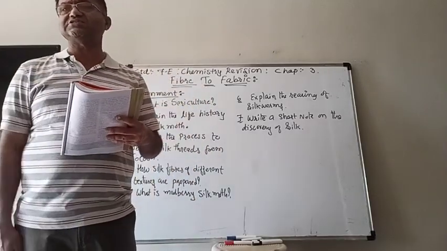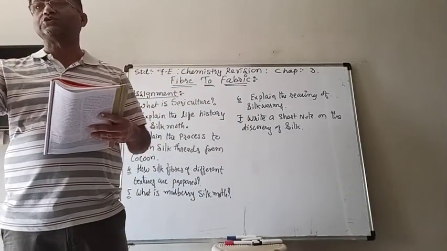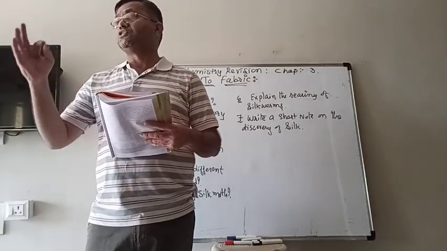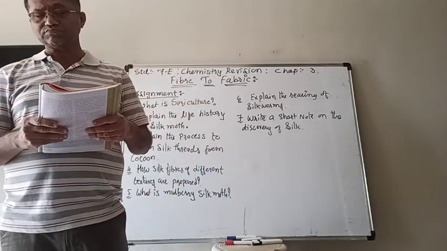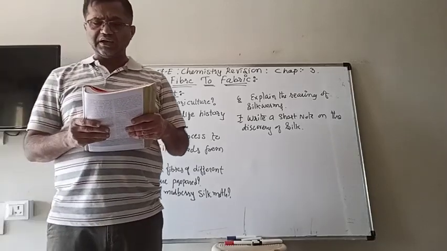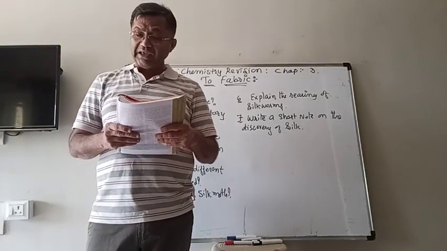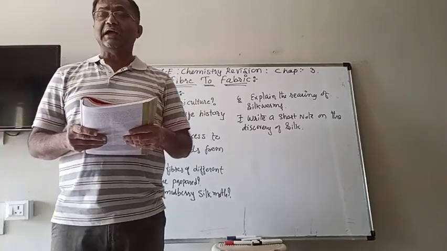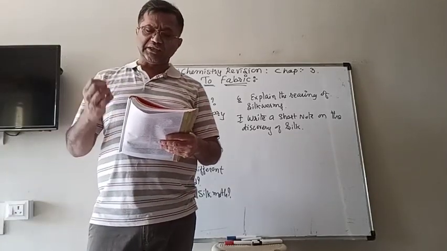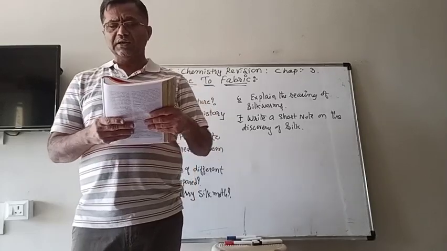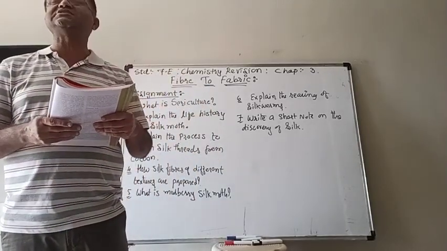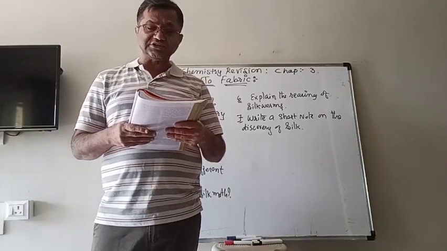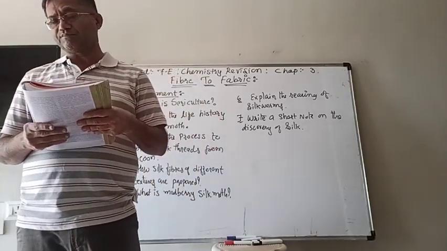So the first stage is from egg to larva, the caterpillar, also known as the silkworm. Now they eat the leaves of generally mulberry trees, and the caterpillars grow. They eat too much and grow in size. The next stage of the life history is called pupa.